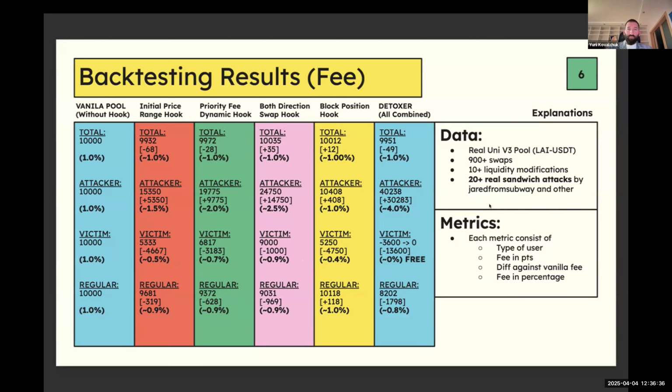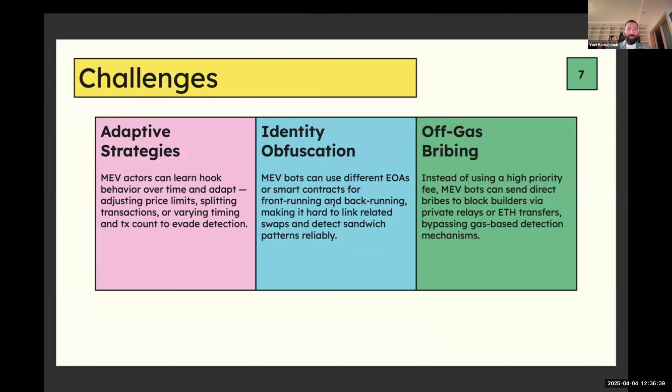So, main challenges. The main challenge here is that MEV bots usually learn your code and your techniques, and can split transactions, use different addresses for front run and back run, and use another way of bribing, not through the priority fee but just using a direct transaction of ETH, etc. So the main challenge is to adapt and improve this protection and add some features on top.